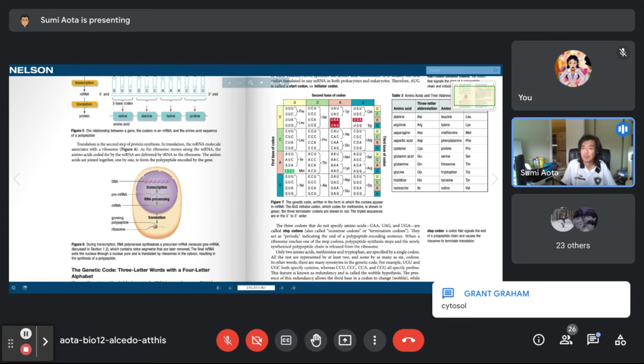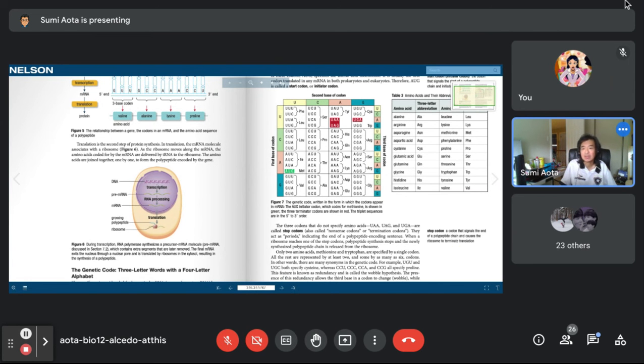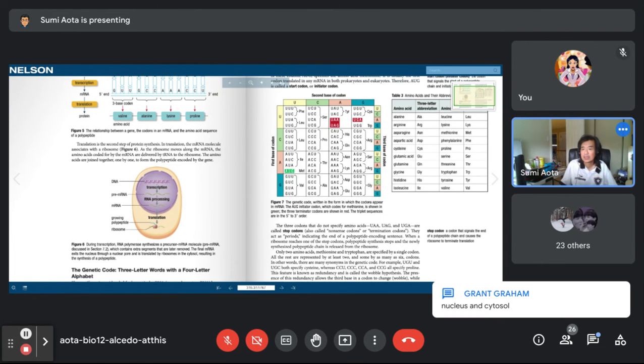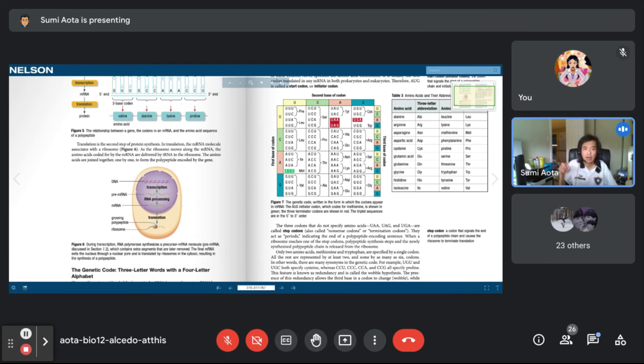Okay, but in a eukaryote, where do transcription and translation occur? Nucleus and cytosol. Yeah, okay. So be aware if we're talking about eukaryotes or prokaryotes. If it's not clear, during the test, ask, because I can't remember if I made that differentiation or not.